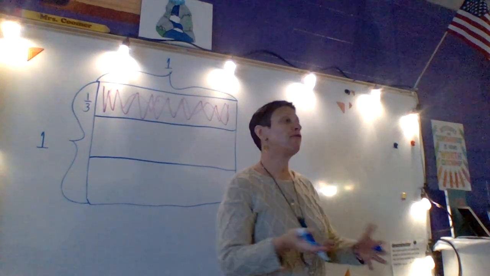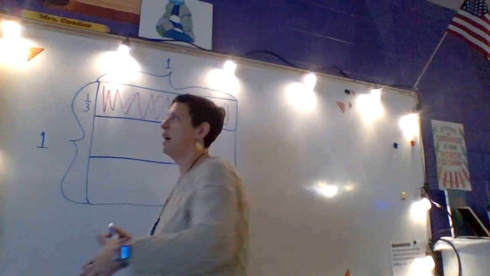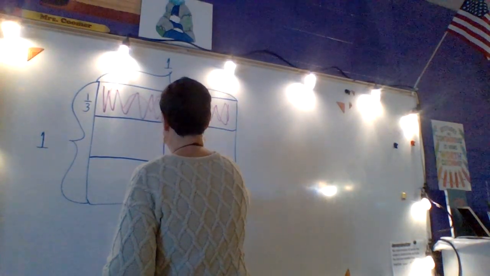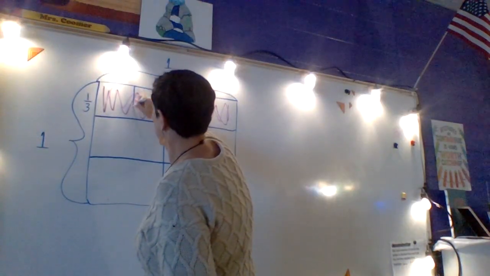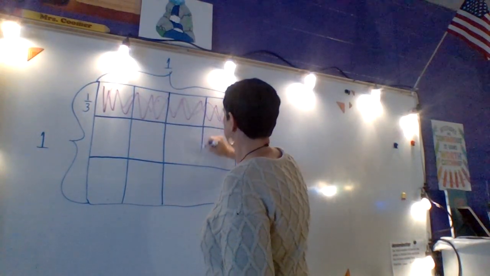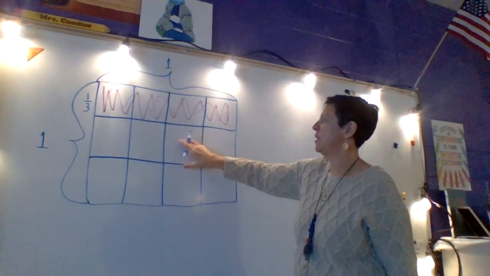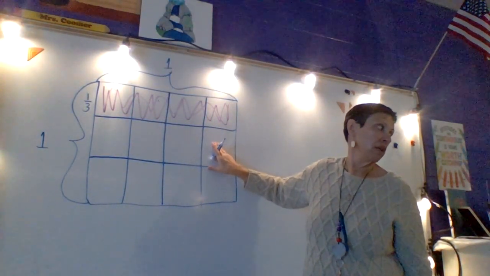I don't want 4 lines because that would give me 5. Yes. 3 lines. And I'll show you here in a second. So I've got 1, 2, 3, 4. Does everybody see that? Yeah. Noah? You okay? What's wrong?